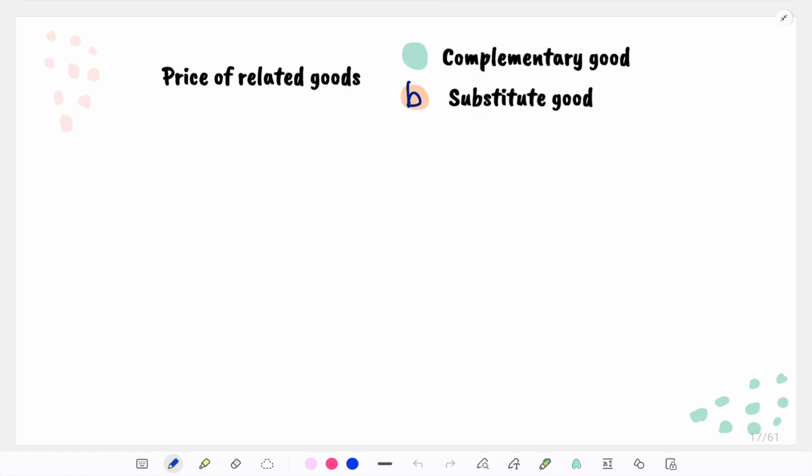For example, we can replace a drink of Coke with Pepsi. So Coke and Pepsi are substitute goods. We can choose to eat our lunch, either noodles or rice. So rice and noodles are substitute goods. You can choose either to wear skirts or pants to class.